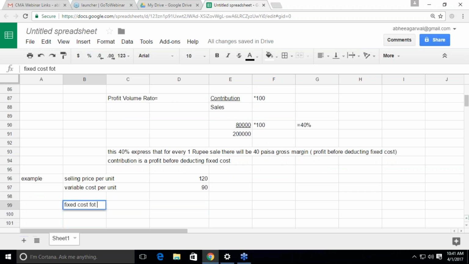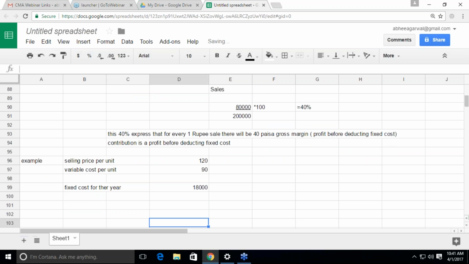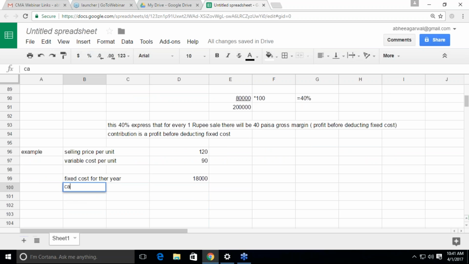Fixed cost for the year, let's say 18,000 rupees. Calculate PV ratio. PV ratio means profit volume ratio, and profit or loss at various levels of operation.